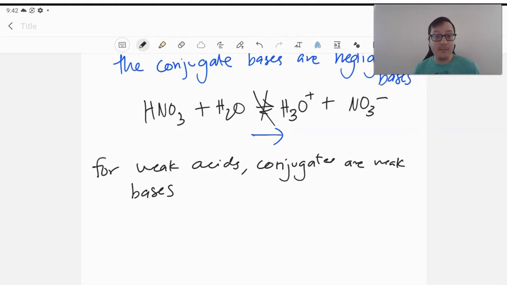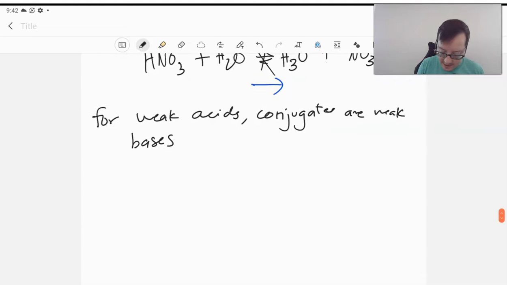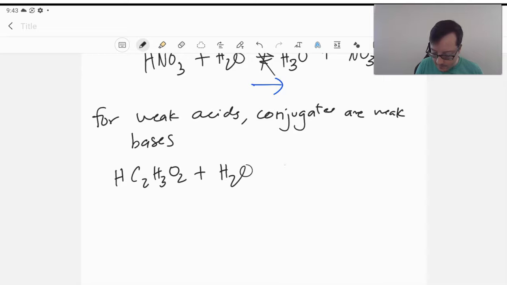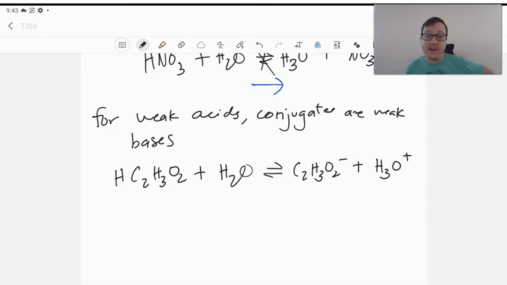So weak acids, weak bases, they go together. So something like acetic acid plus H2O. This will definitely be in equilibrium because we'll have acetate and hydronium. And in fact, this equilibrium lies to the left.